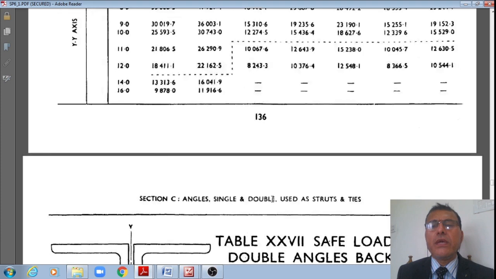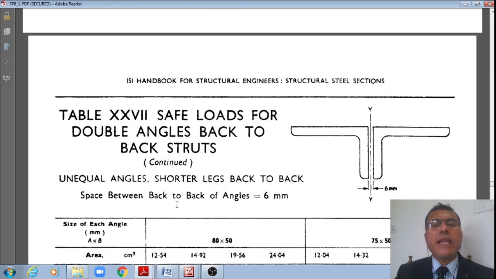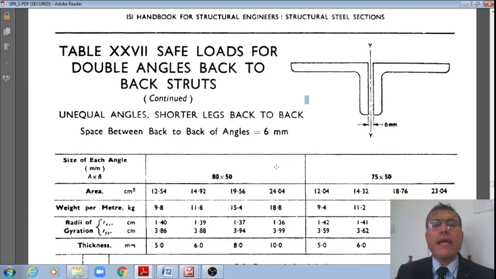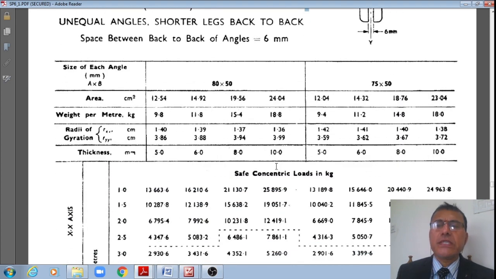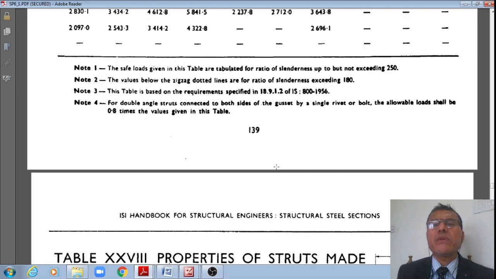Now let us move quickly to the other tables, right? Safe load for double angles back to back, unequal angles, shorter legs back to back, previously longer legs back to back. Like that you can just note down as we have discussed in the previous case from these tables, right?